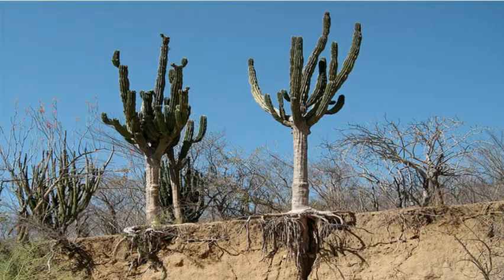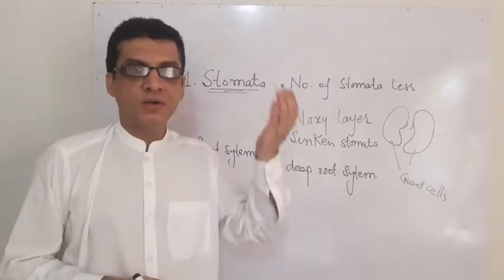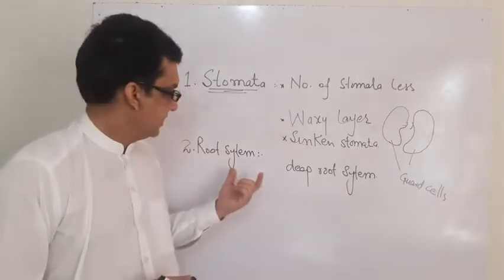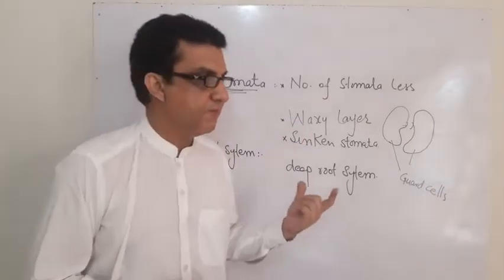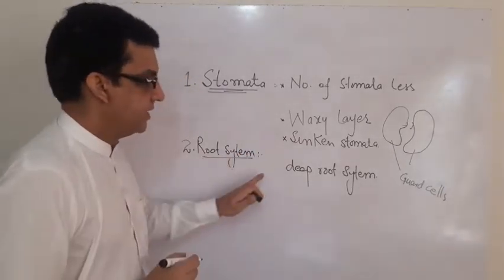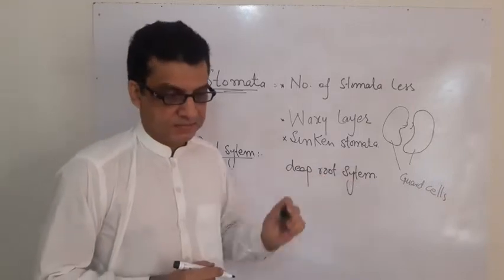Their roots go very deep in the soil, so they can absorb water from the deep water table. So this is the next adaptation of the xerophyte, and that is a deep root system.